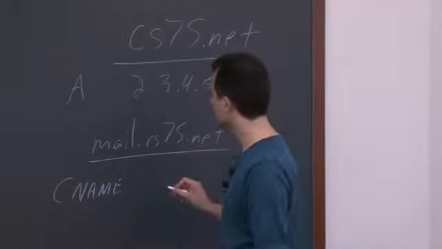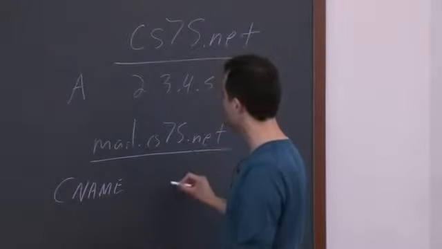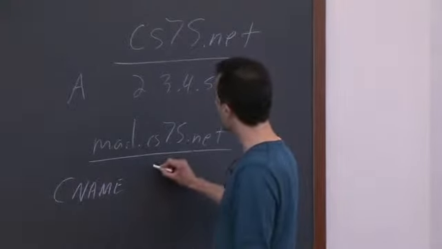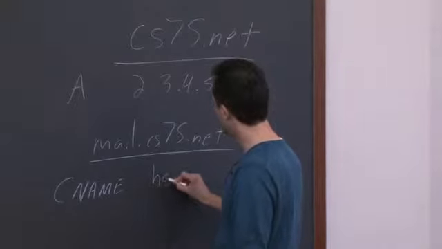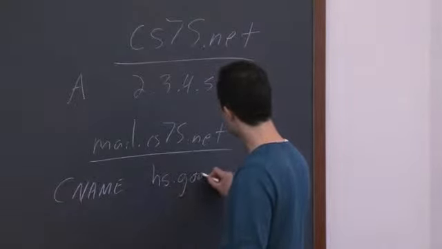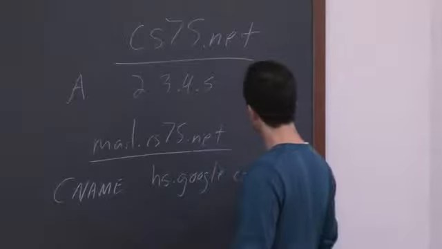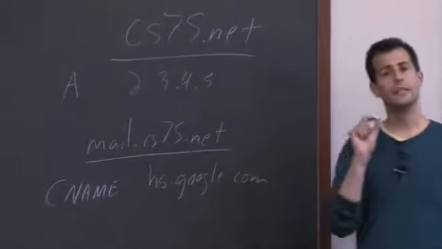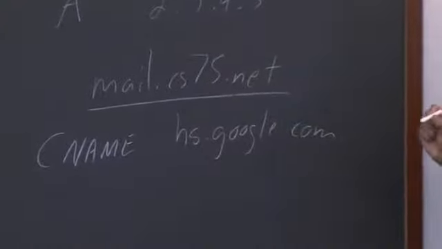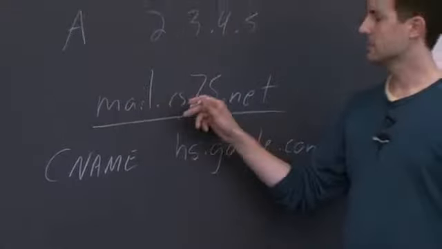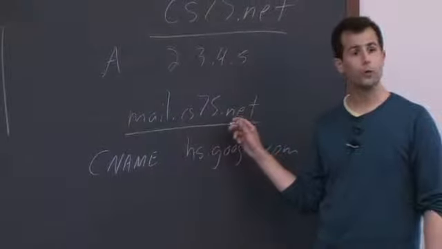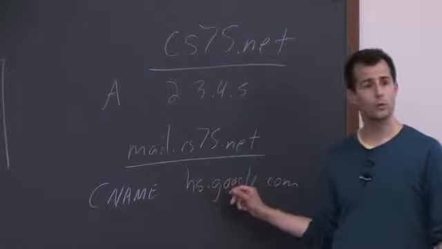And so what they'll probably tell me to do is, again, here's the white lie, because I'm making this part up as I go, actually, this might actually be true, hs.google.com. This actually might be correct. Hostingservices.google.com. What this tells the registrar is this: map mail.cs75.net to another fully qualified domain name, this time hs.google.com.